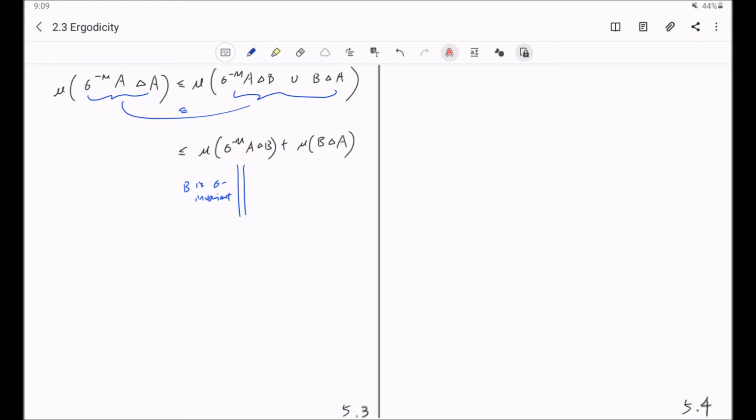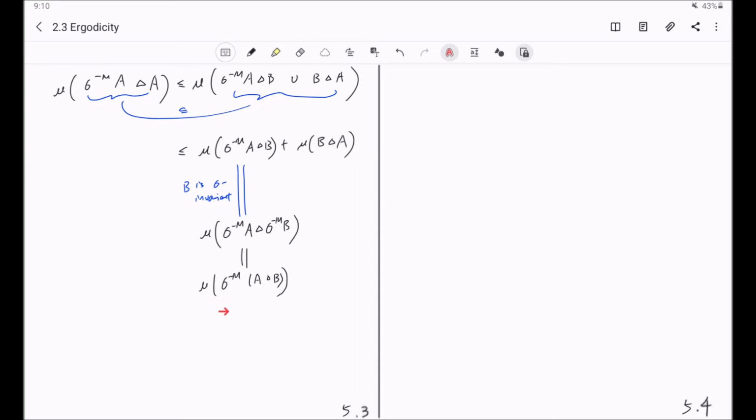This guy inside the parentheses is actually equal to sigma inverse m applied to A symmetric difference with sigma inverse m applied to B. And because the inverse map commutes with everything, you can pull sigma inverse m out of everything.